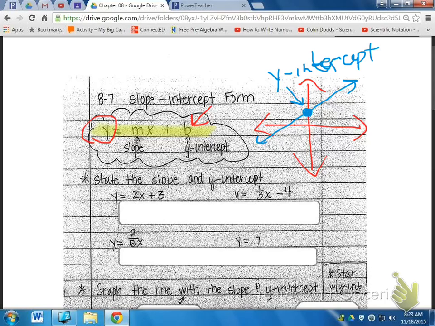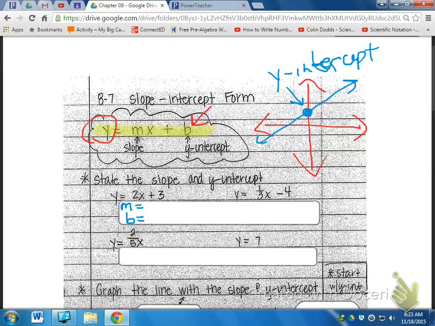This form is a really quick way to graph. So first thing you're going to do is you're going to get equations in slope-intercept form, and you just have to identify the slope and y-intercept. And when you do that, this is what I want you to do. Y equals 2x plus 3, I want you to write m equals, and then write the slope, and b equals, then write the y-intercept.